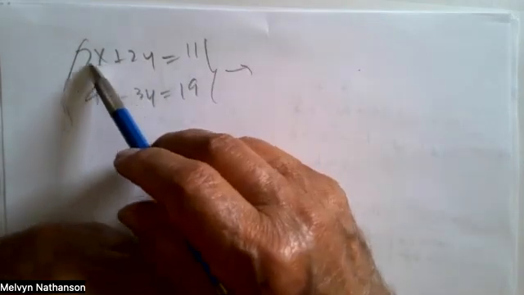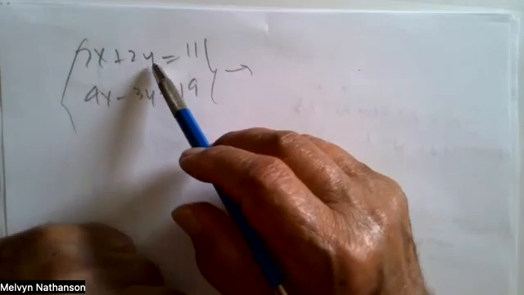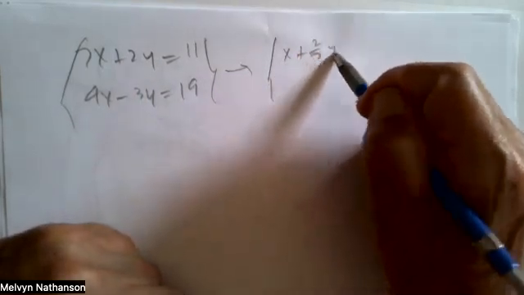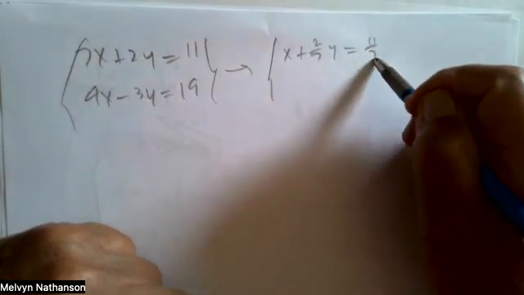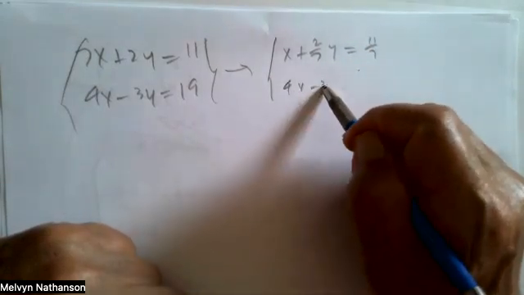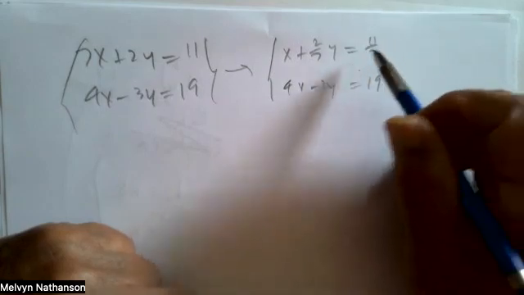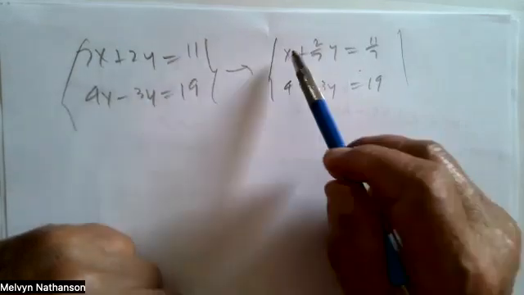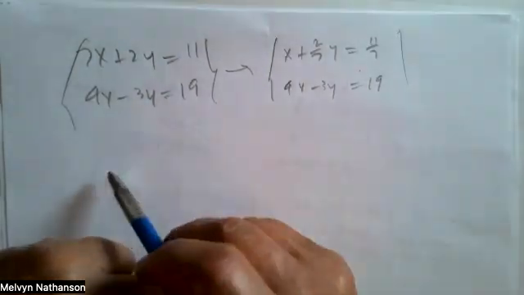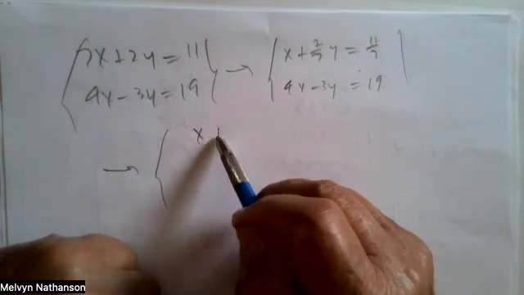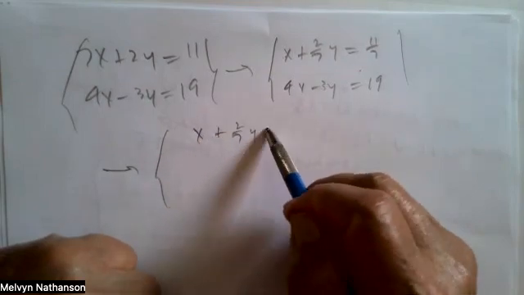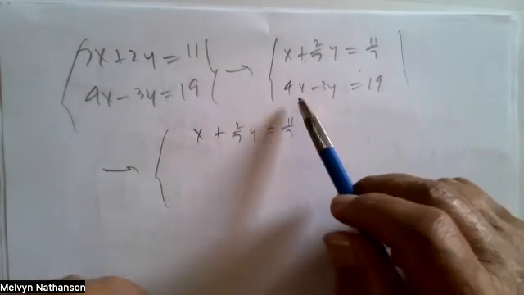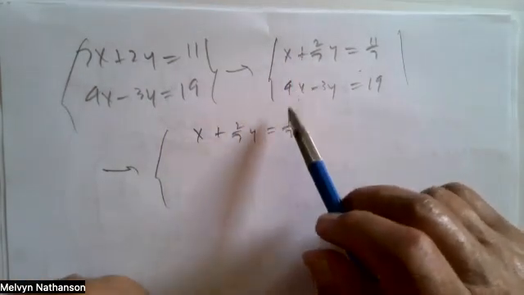So suppose I multiply this first equation by 1/7. I get x plus 2/7 y equals 11/7, and 4x minus 3y equals 19. Now this has a coefficient of 1. If I take this equation minus 4 times the first equation, I'm eliminating an x.